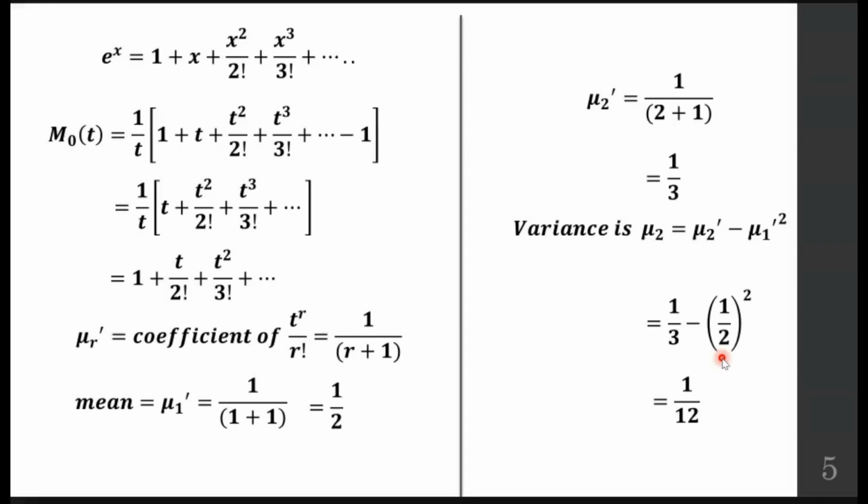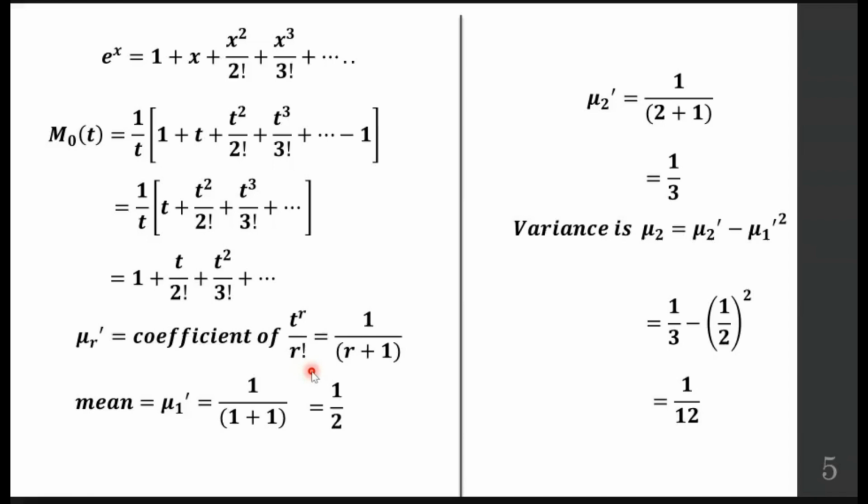Normally we differentiate and calculate the moments. Differentiation is possible, but when we put t equal to 0, we will not get a finite value. In that case only we have to think of this definition, coefficient of t raised to r upon r factorial. So the mean is equal to half, the variance is equal to 1/12.